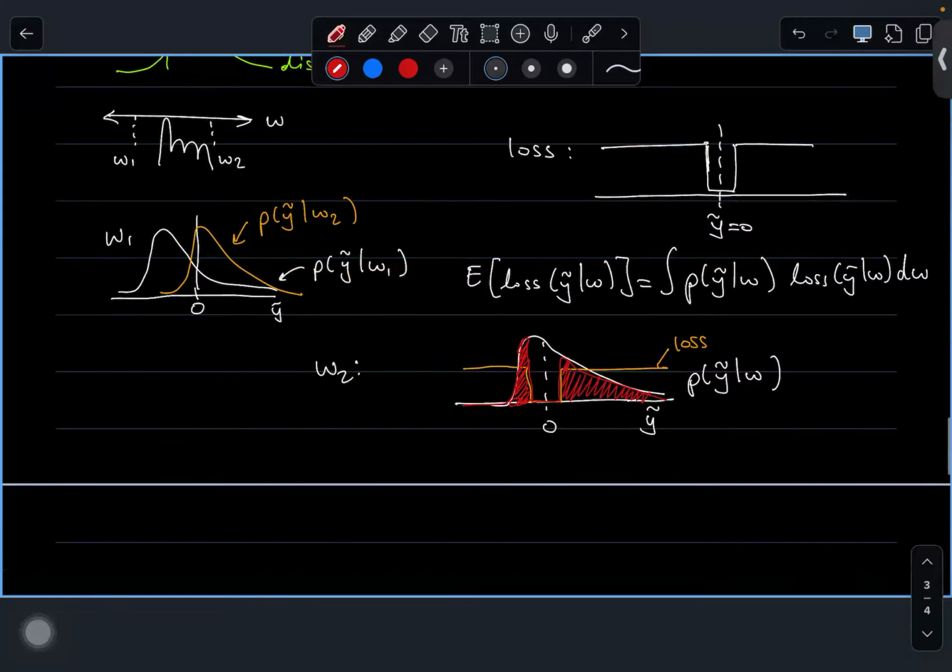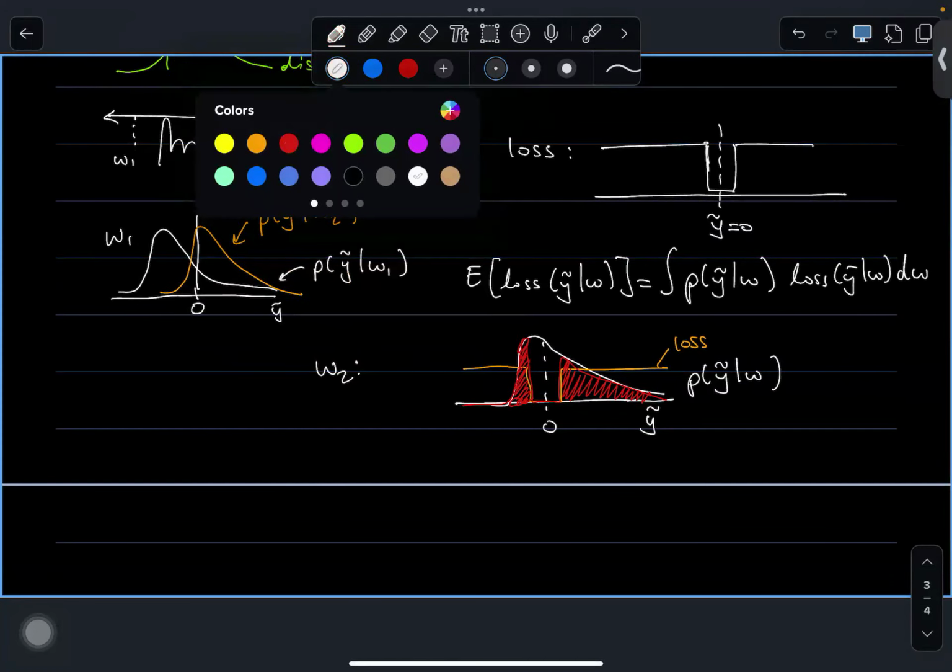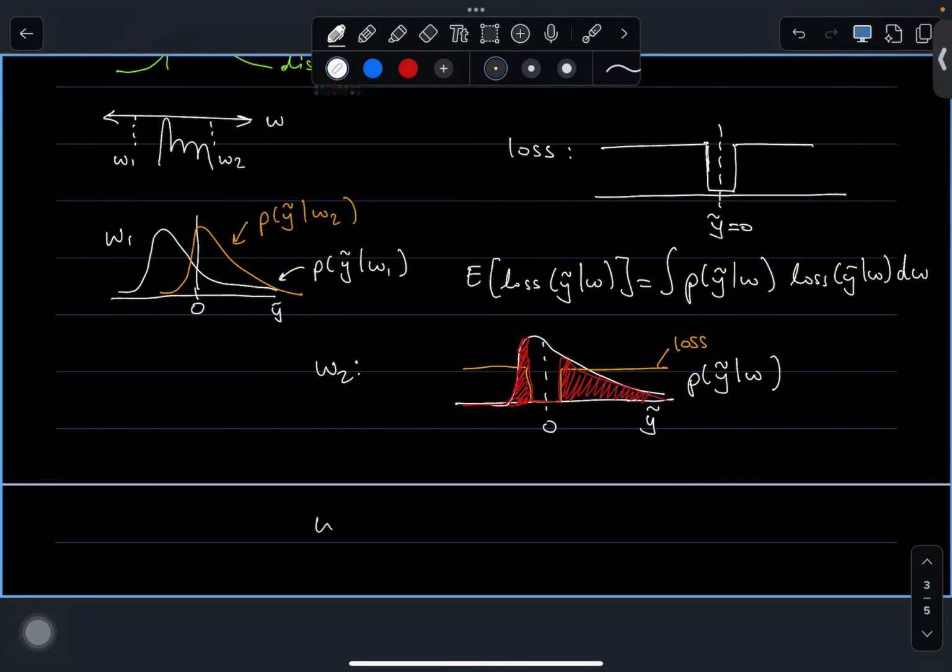So if that's W2, if I have my finger at W2, okay, what if I have my finger in W1? My W1 cost is going to look like this. So now I have this thing that sits over here and it goes like this. So now if I multiply that by my loss function, what does my loss function look like?